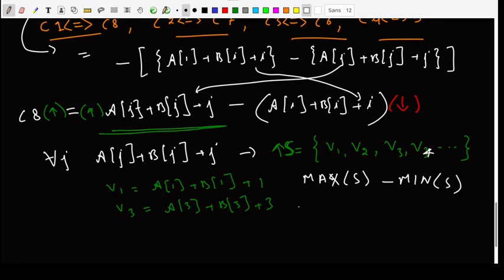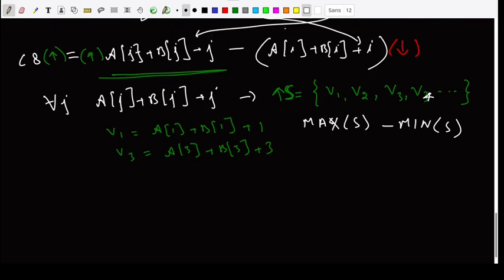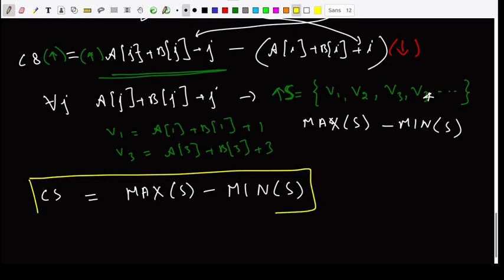So case 8 basically translates to, let me just rewrite it, case 8 basically translates to maximum of set S minus minimum of set S, right? That is one way of interpreting it or one way of understanding it, right? So this is my case 8.